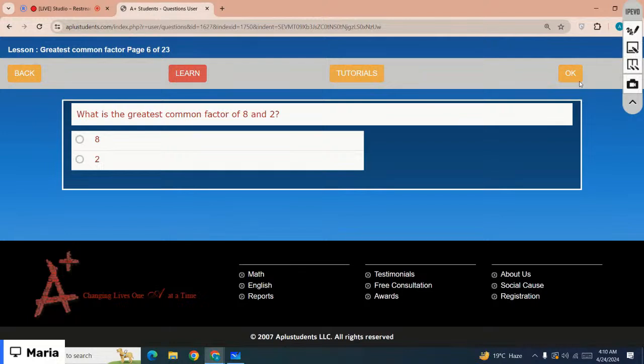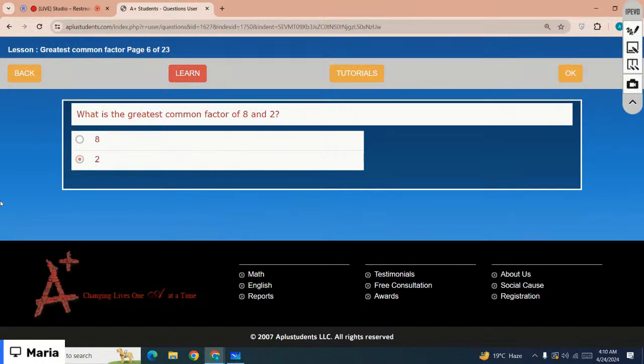What is the greatest common factor of 8 and 2? Which is the correct option? Yes, the correct option is 2. You can complete the lesson by yourself later today. Let me move on to the next lesson.